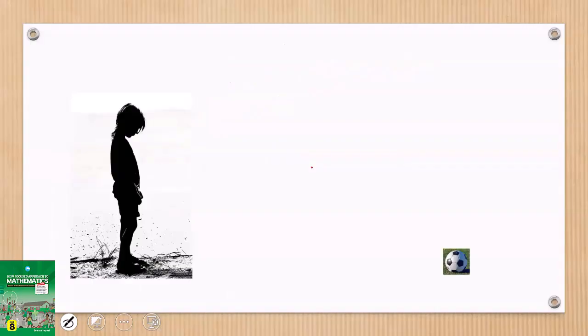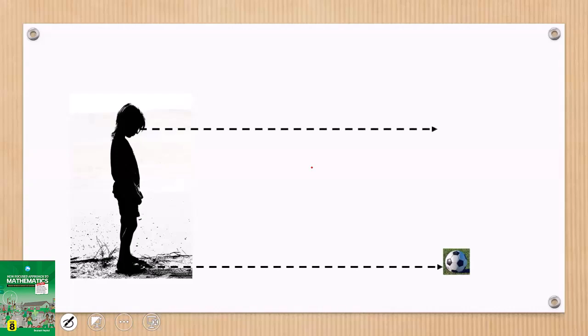Good. Then another way is this. This time around, you're not lifting up your head to see something up, but rather you want to depress your eye or your head, bring your head down to look at something down here. Again, your normal sight and the ground are parallel.